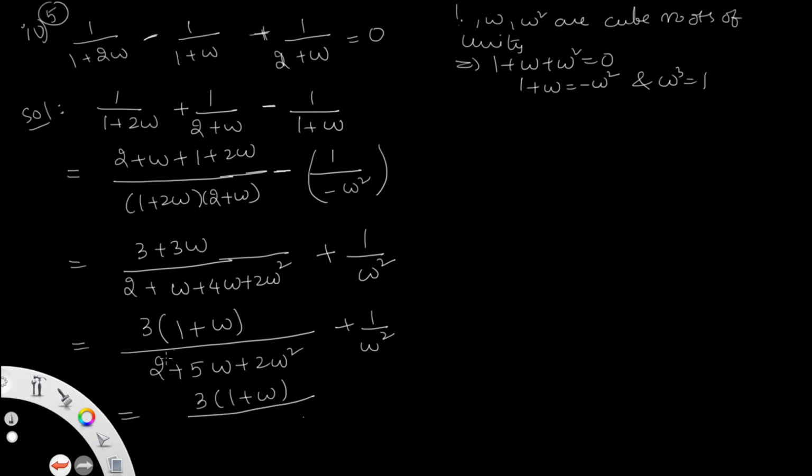I am splitting 5 omega into 2 omega plus 3 omega. Why? Because 2 is there, 2 omega square is there. I am writing 2 omega plus 2 omega square plus the remaining 3 omega aside, plus 1 by omega square.